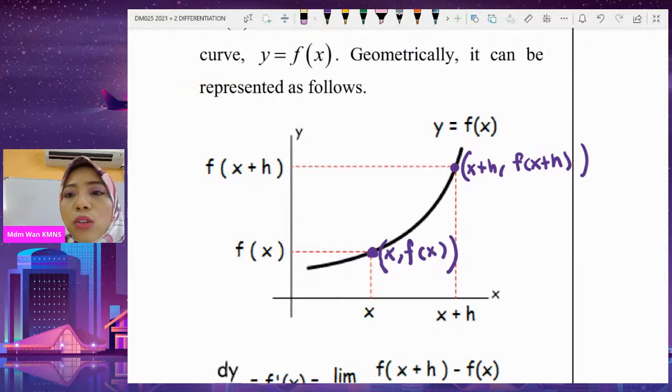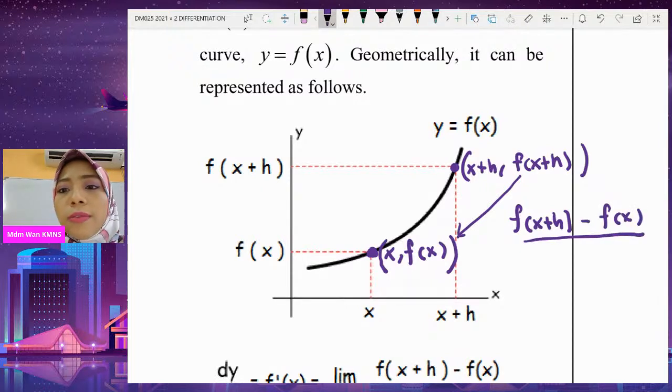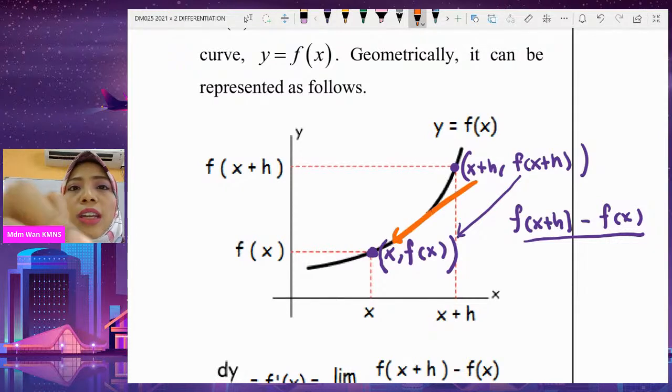So what can we do? What do we do now? f of x plus h, the difference, this one minus this, right? So f of x plus h minus f of x, over this minus this. Because you have learned just now the gradient is y2 minus y1 over x2 minus x1.